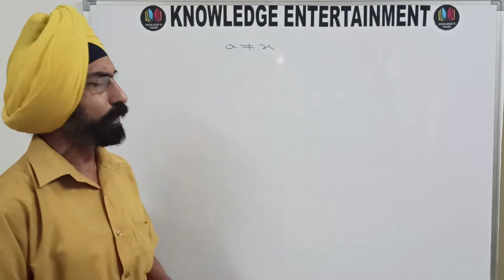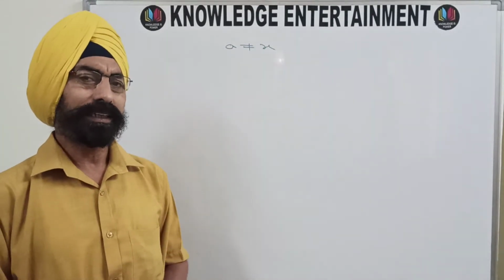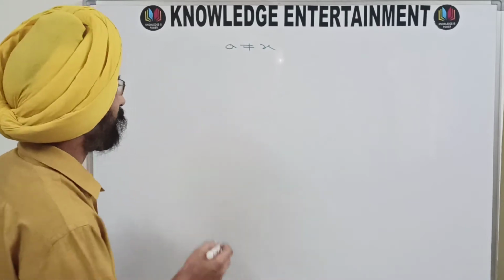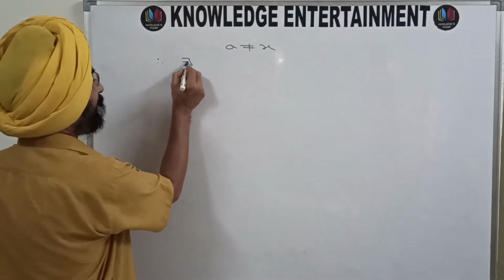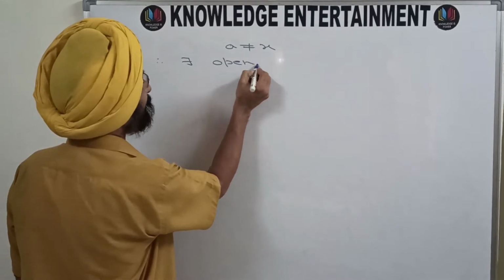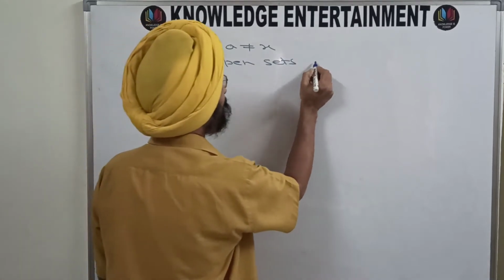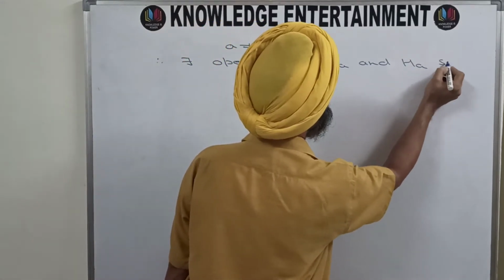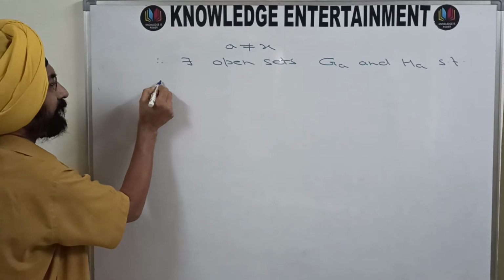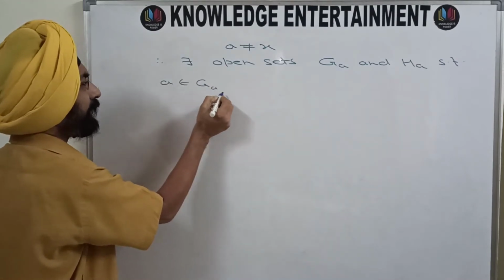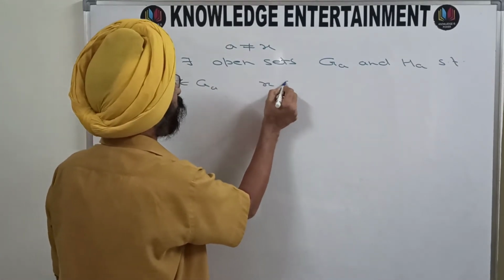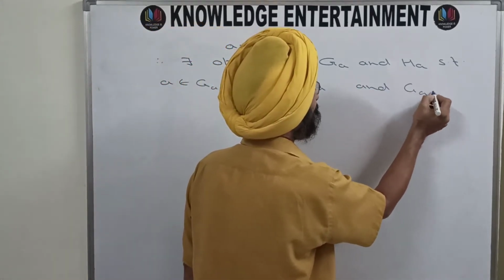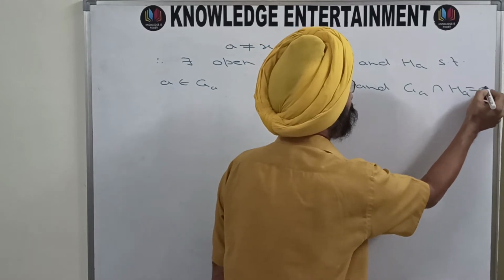And if in a Hausdorff space you have two distinct elements, there will definitely be a pair of disjoint open sets containing them. So therefore, there exist open sets Ga and Ha such that a belongs to Ga, x belongs to Ha, and Ga intersection Ha is phi.